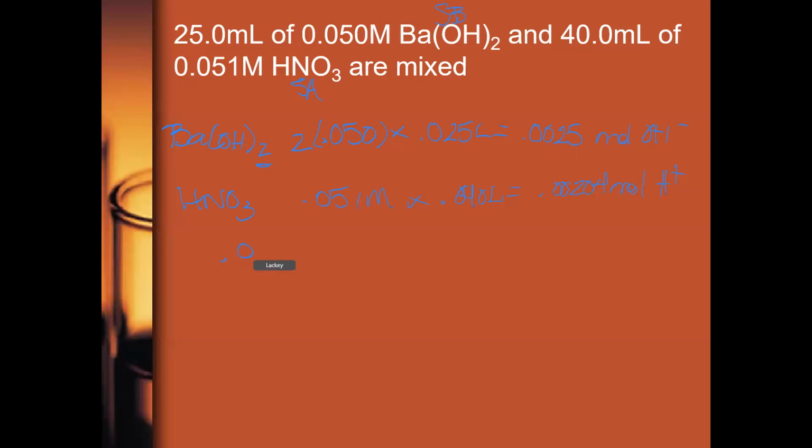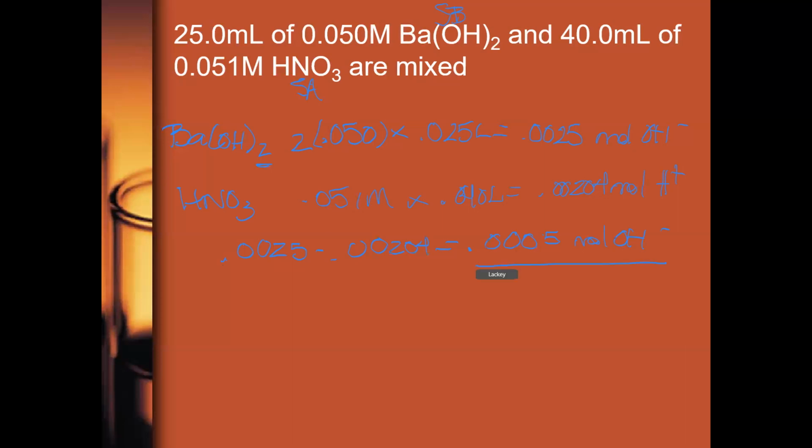So if we do the 0.0025 minus 0.00204, that means that we have basically 0.0005 moles of hydroxide left over if we did sig figs all the way through.